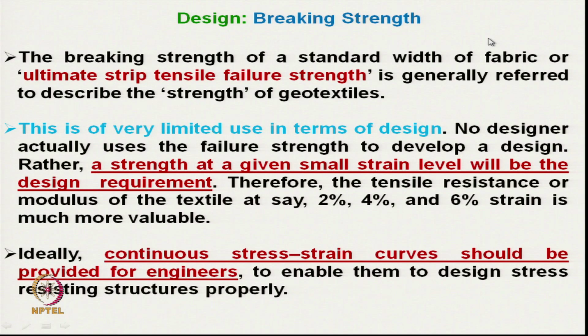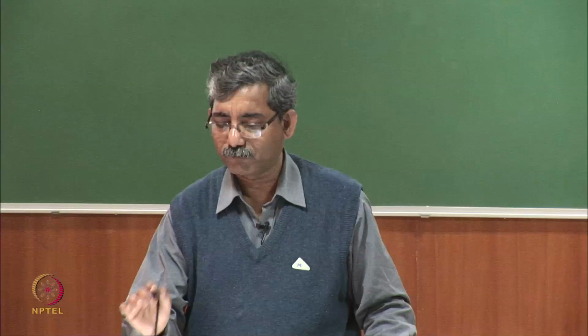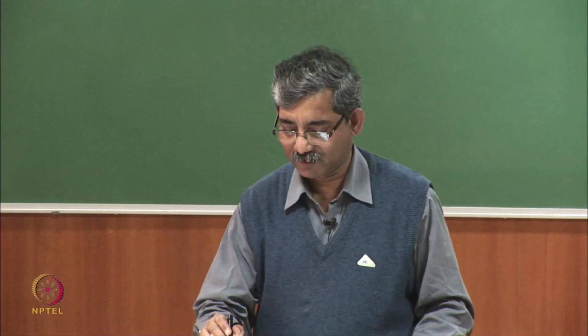Next design criteria is the breaking strength. Although ultimate tensile failure strength is important, it is not enough. I will give one example. Normally in actual application we never reach the final strength.